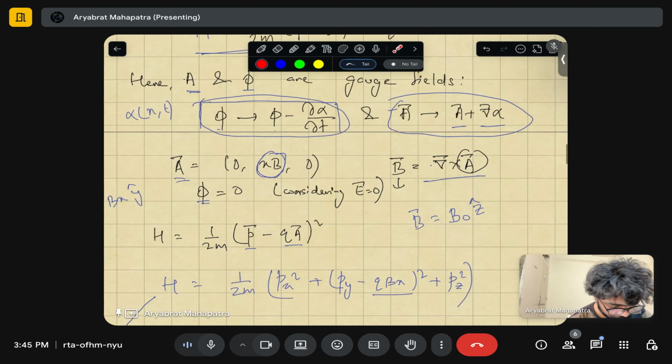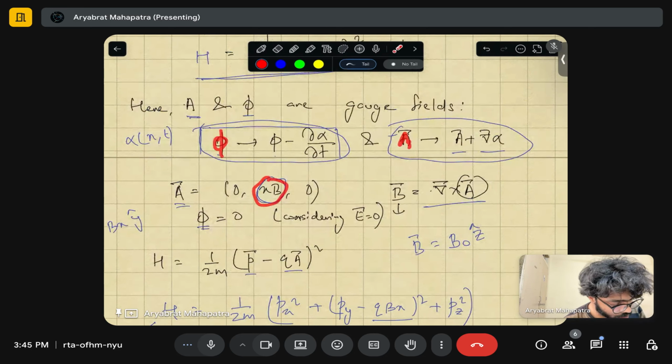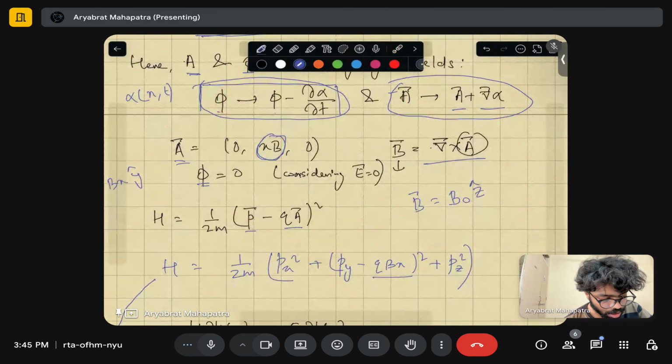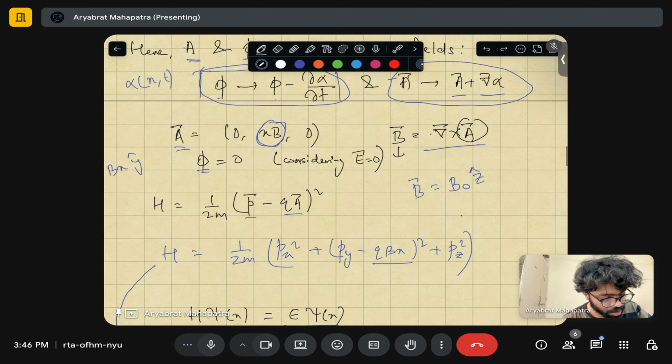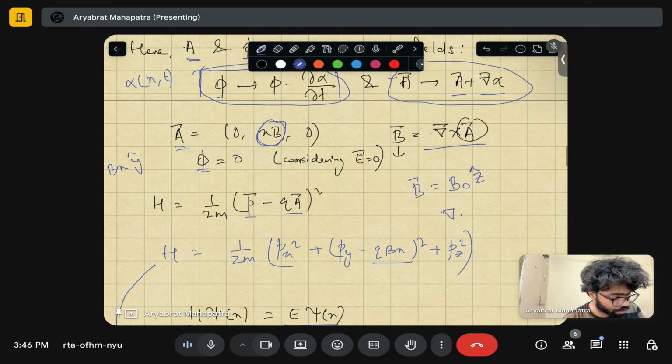If you choose this A, and transform your phi and A to something of this form, you will still be able to prove the relation B equals curl of A. This relation comes from one of Maxwell's laws, which I think you are aware of: the divergence of the magnetic field is zero.